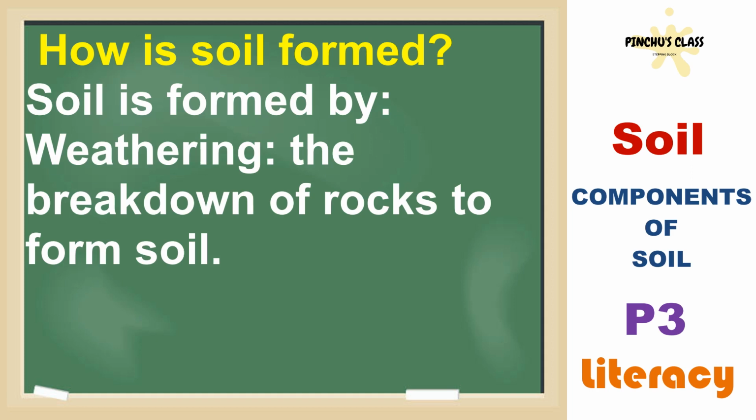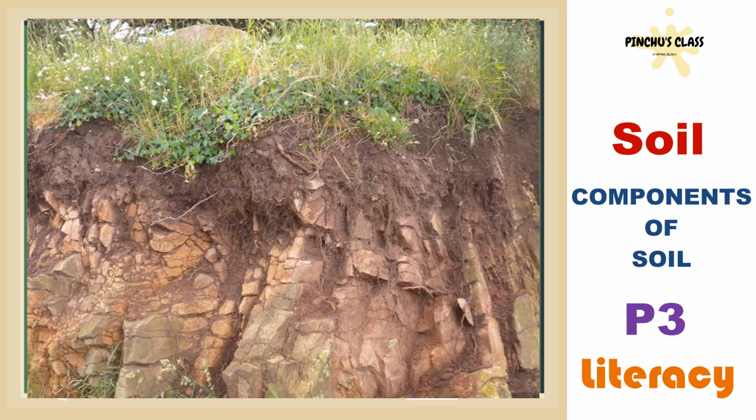Now, weathering is the breakdown of rocks to form soil. Soil is made up of rocks. When those rocks break down, they form soil. Those small tiny particles come together and they form what we call soil. That is the first way soil is formed.